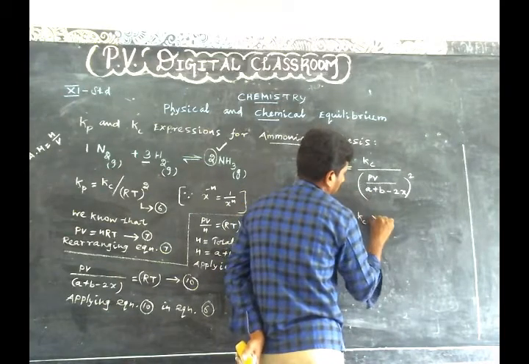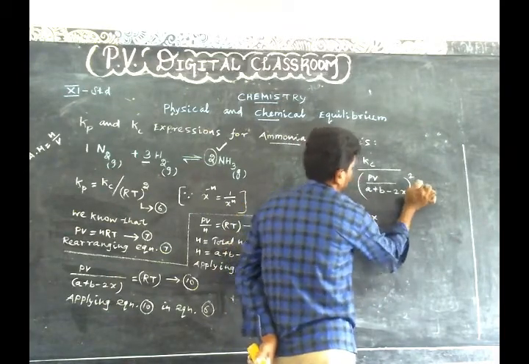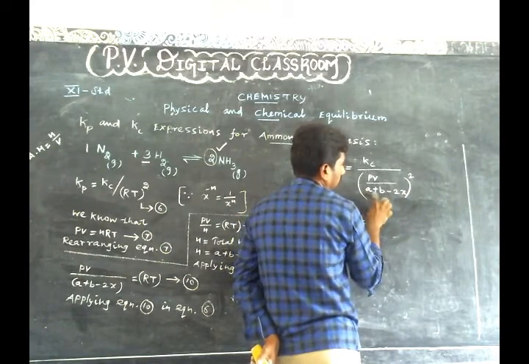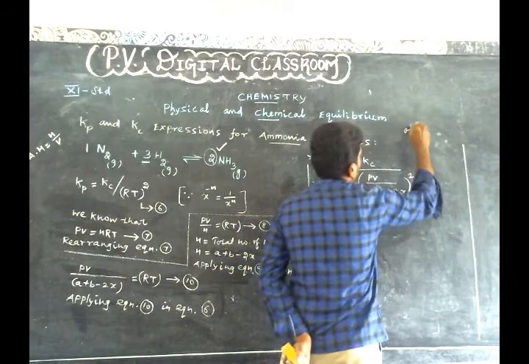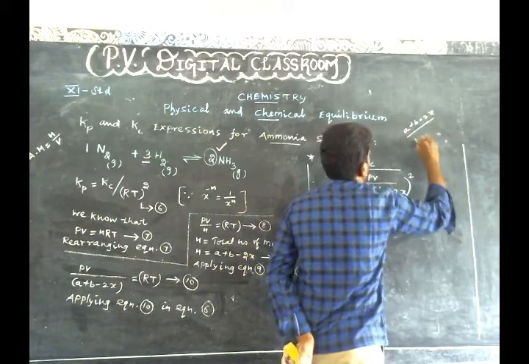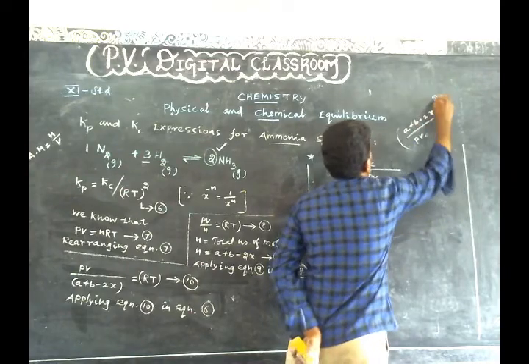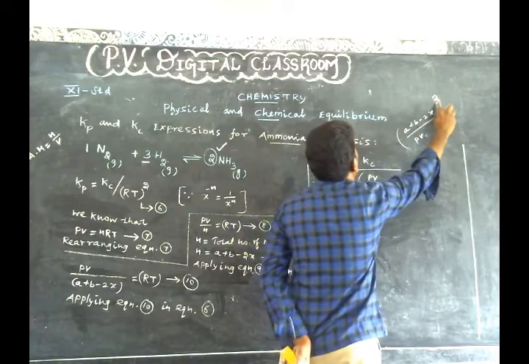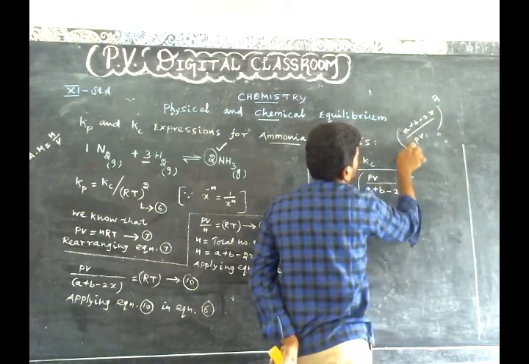Kc into its reciprocal, which is A plus B minus 2x divided by PV whole square, and introducing this square to each term.